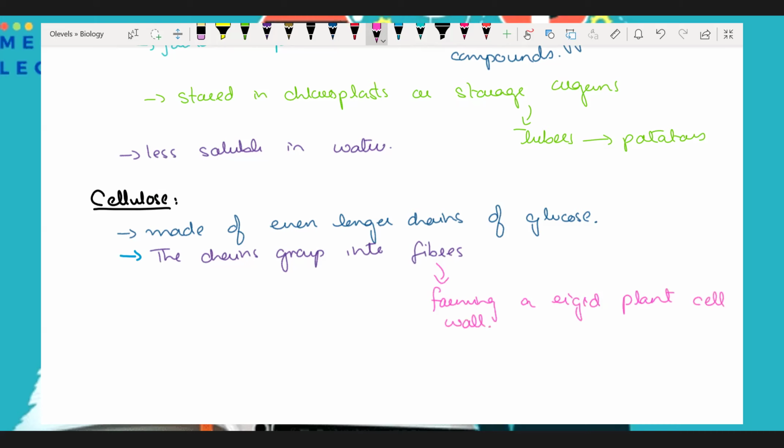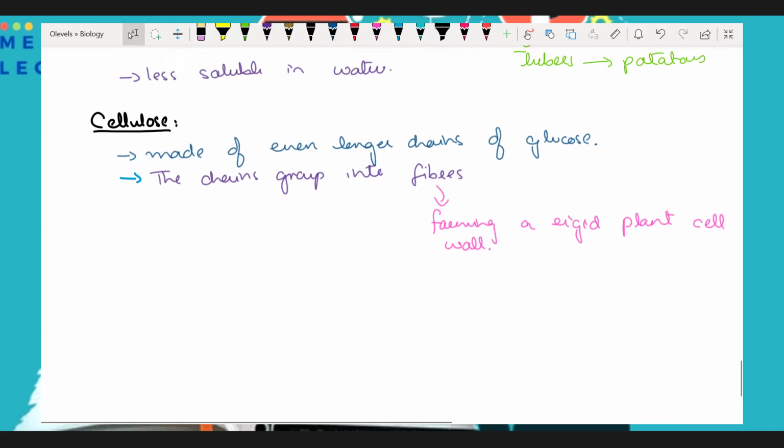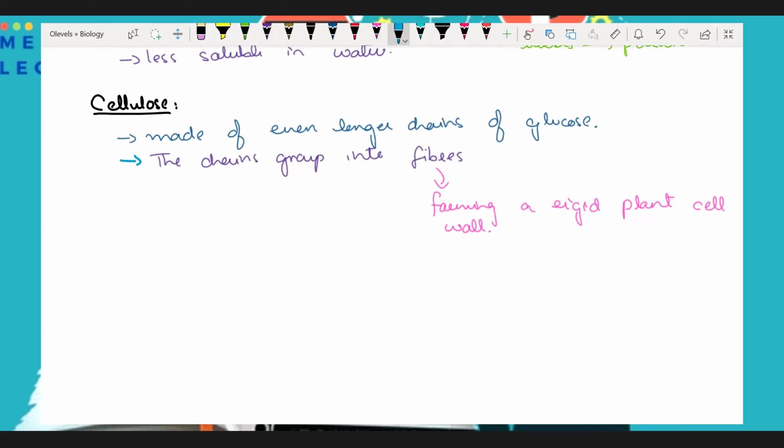right? And why are these fibers very important? These fibers give strength to plant cells. That's actually the job of cellulose, right?